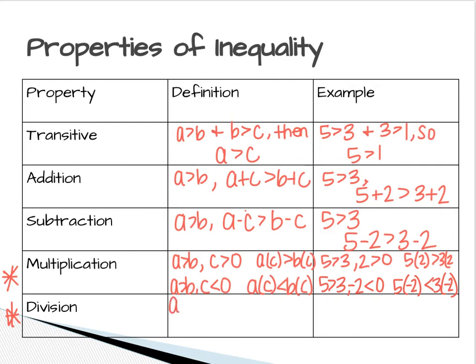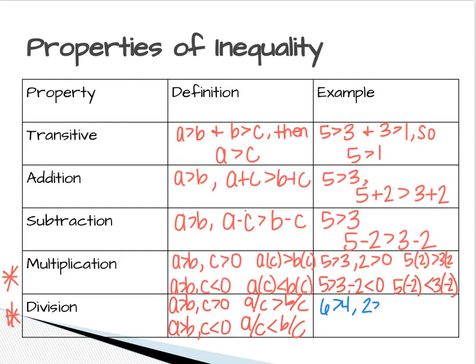Division works the same way. If A is greater than B and C is greater than 0, A over C is greater than B over C. However, if A is greater than B and C is less than 0, A over C is less than B over C. Let's not use 5 and 3 because they're odd, and we'll do 6 and 4.